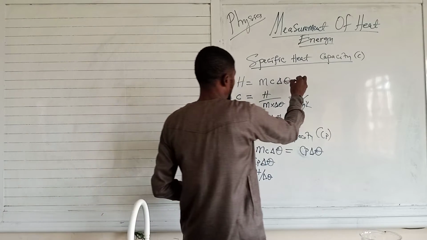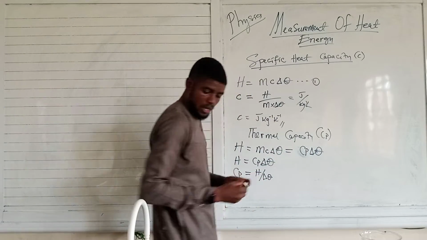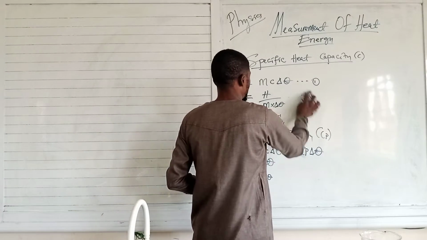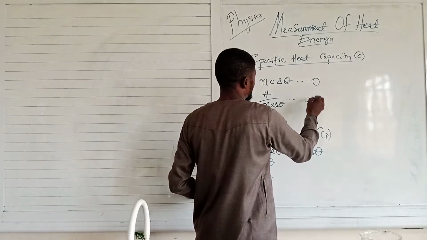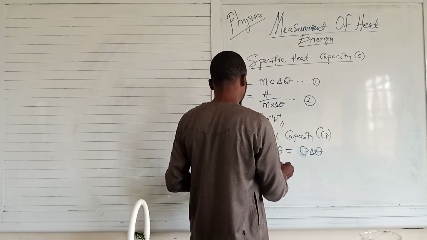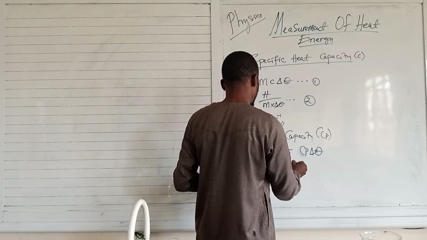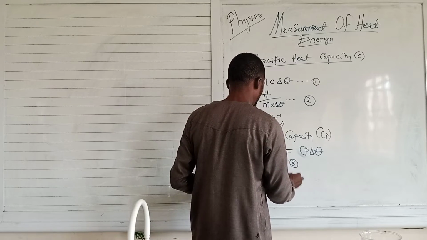So we can call this equation number 1, this equation number 2, this equation number 3, and this equation number 4.